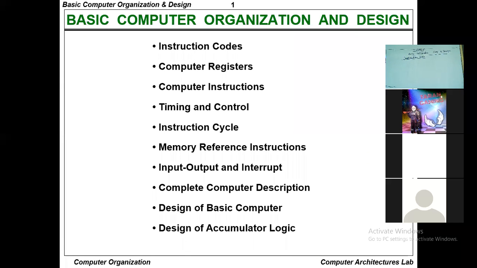We give the instruction, we instruct the computer to perform a particular operation. Okay, so we give instruction. For example, if we want to perform add operation, we will give the instruction add to the computer, that the computer performs add operation between two numbers.